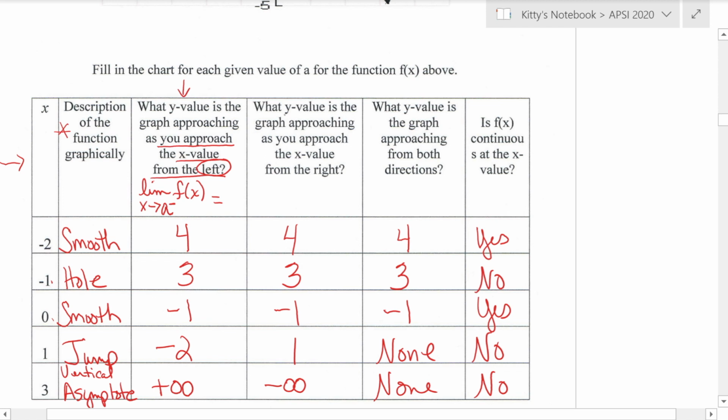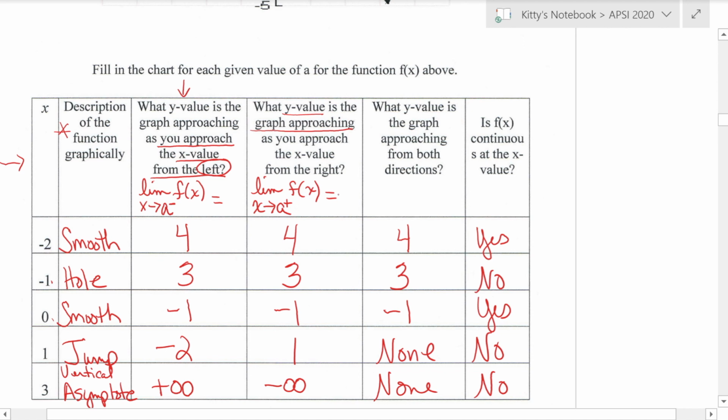To find a y value that you're approaching means I want a limit. So I want the limit as x approaches some number, but how do I say from the right? Well, if the left is minus, I guess the right would be plus, right? Got to be careful when you say all this right and left and stuff.